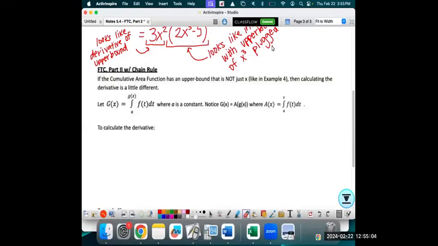So that leads us into fundamental theorem of calculus part 2 with chain rule, but it's not like a normal chain rule. It's chain rule where that upper bound is something other than a plain x. So kind of in that sense, it kind of goes here.